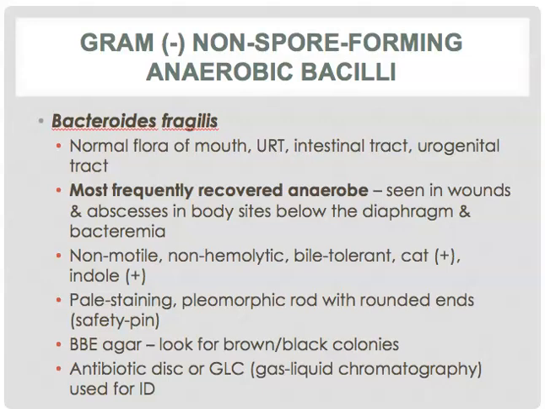This one is the most frequently recovered anaerobe altogether. So it's seen in wounds and abscesses in body sites below the diaphragm. It's associated with bacteremia. It's the most frequently recovered anaerobe in blood cultures. It's non-motile, non-hemolytic, bile tolerant, catalase positive, indole negative. On the gram stain, it can be very pale staining, pleomorphic rod with rounded ends. It can have that safety pin appearance.